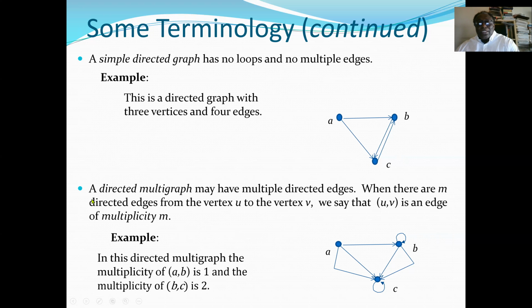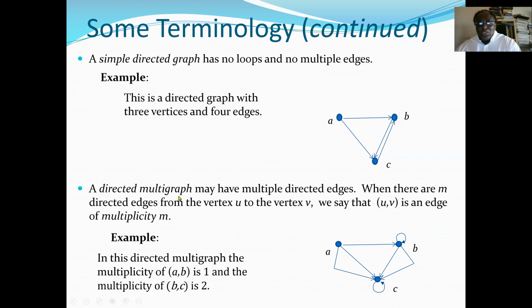Here we also have a directed multigraph. Remember, we said a multigraph is when we have more than 1 edge connecting the same 2 vertices. So here we have a multigraph, connecting A, B to C, C to B. So we have multiple edges.